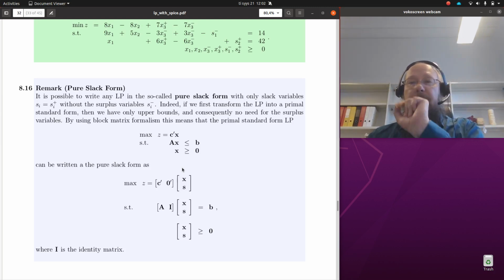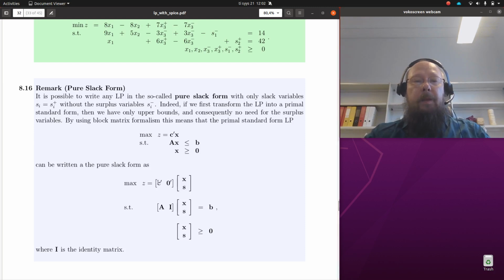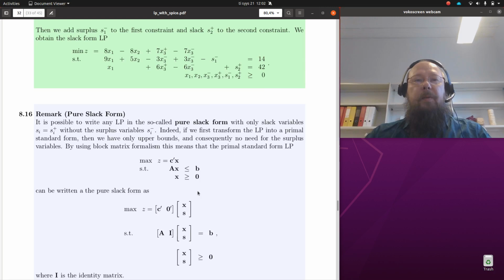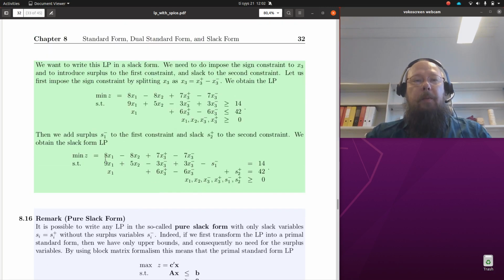So the new objective vector is here: the row of c's, and then 0 will be the column vector of zeros with appropriate dimensions, transposed to a row vector of zeros. So this here will be our objective. In here it will denote this: there are c's, 8, minus 8, 7, minus 7, and then 0 and 0.